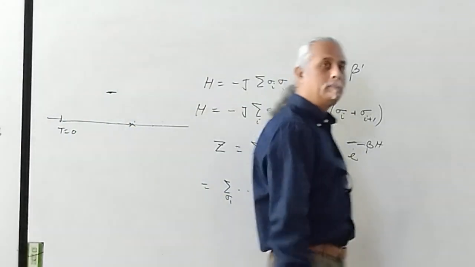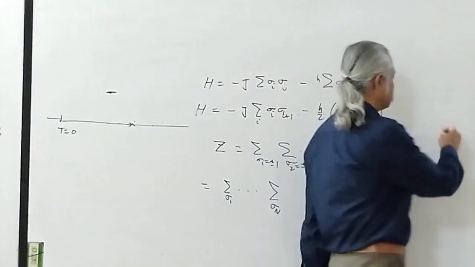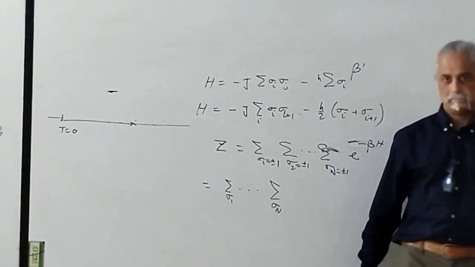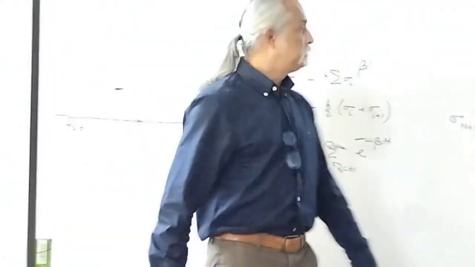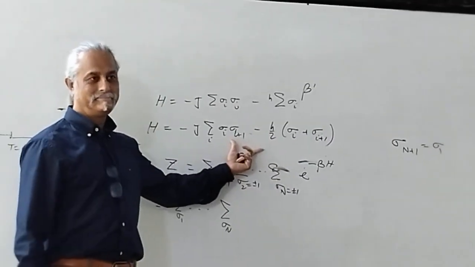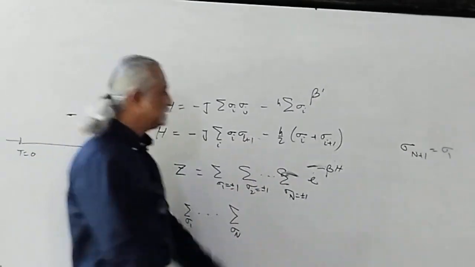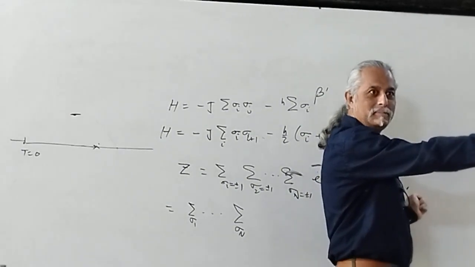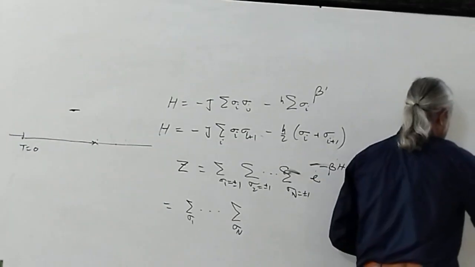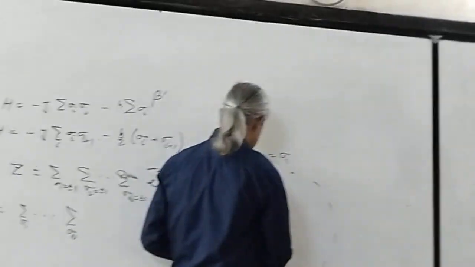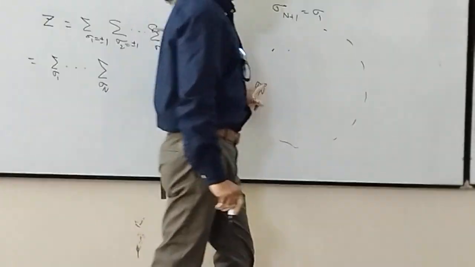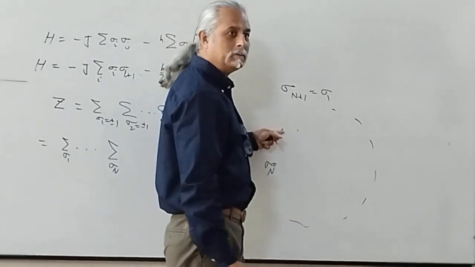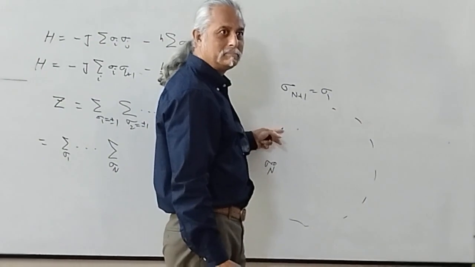আমি assume করছি periodic boundary condition, assume করছি sigma n plus 1 equal to sigma 1. Under this assumption I can write this. That means তোমার two ends are brought back and put in a ring such that you come to the sigma nth site, and n plus 1 means you are back to the previous sigma 1.